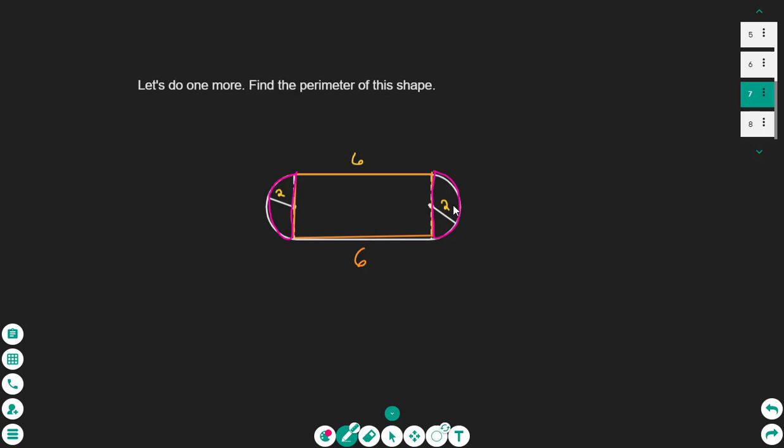Or we can just recognize that because they both have the same radius, they both come from the same sized circle. And since they're both halves of the same sized circle, all we really have here is a circle that's divided into 2. Okay?